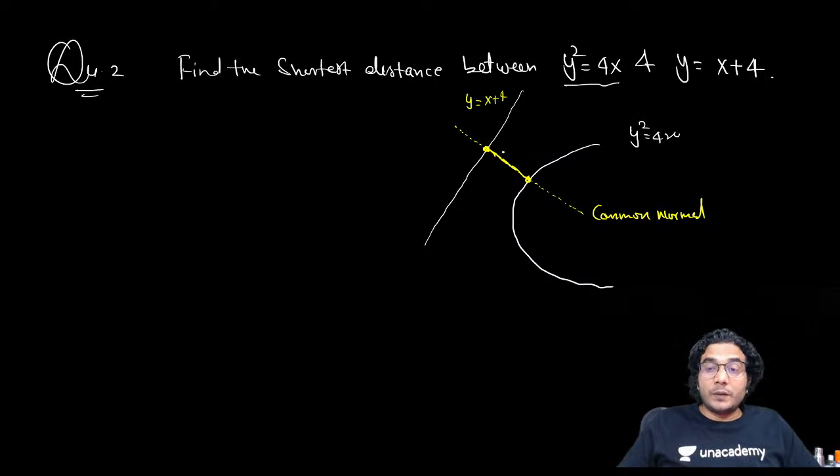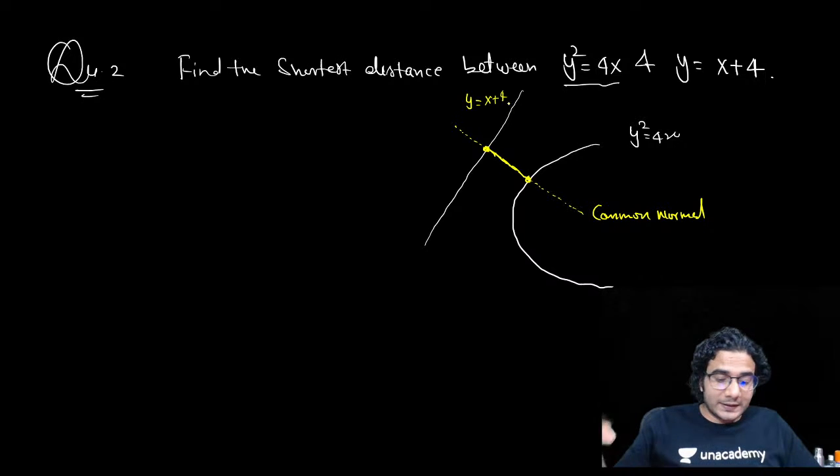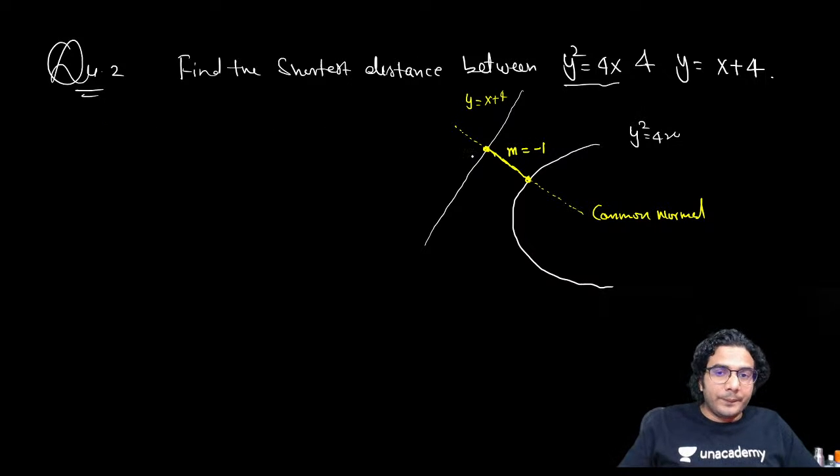So we use the slope of the normal. In the case of finding the shortest distance between a line and a curve, the slope of the normal is already known because it's a line perpendicular to the given line. So the slope of the normal in this case is minus 1. Say this point is A and this point is B. So the slope of the common normal is equal to minus 1. The second important point is you don't need to assume point A, just assume B, the point on the curve other than the line.